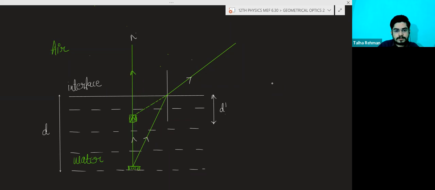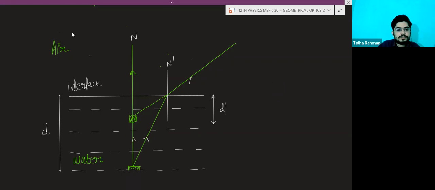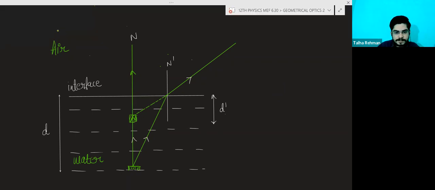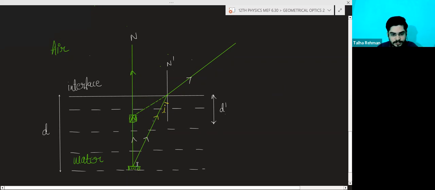This is the normal, and suppose this is n and this is n dash. For example, suppose this angle is the angle of incidence i. So this light is coming from this object like this.